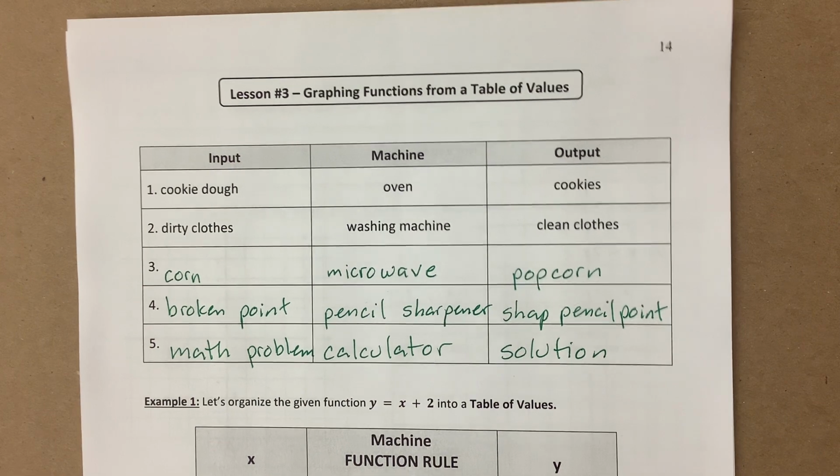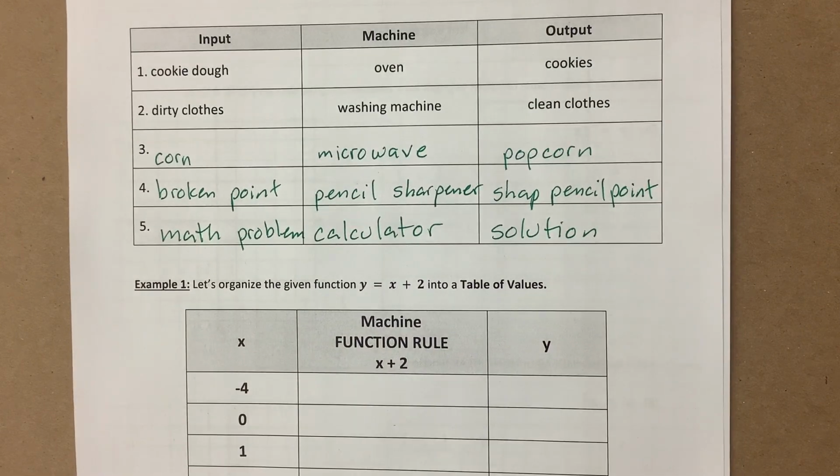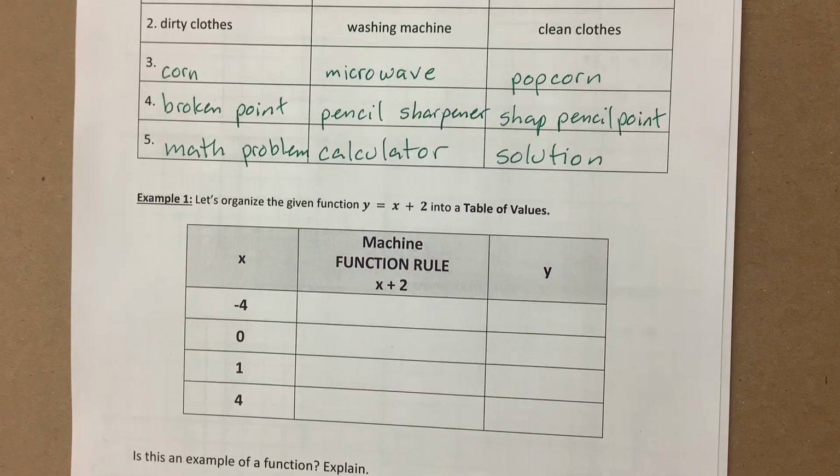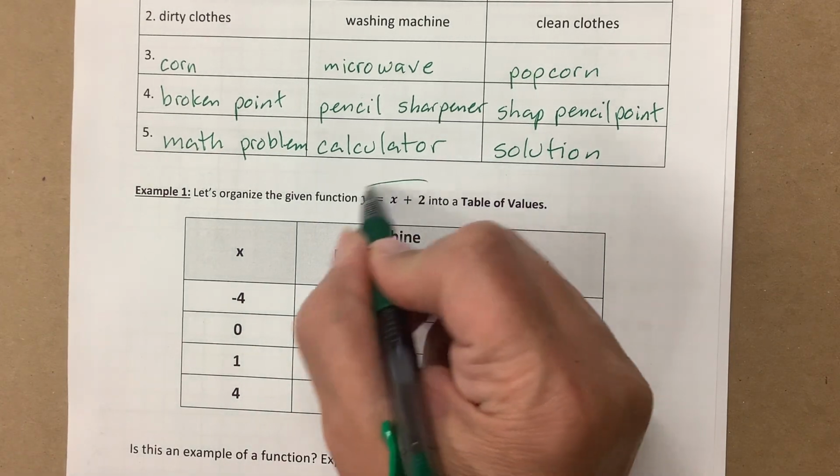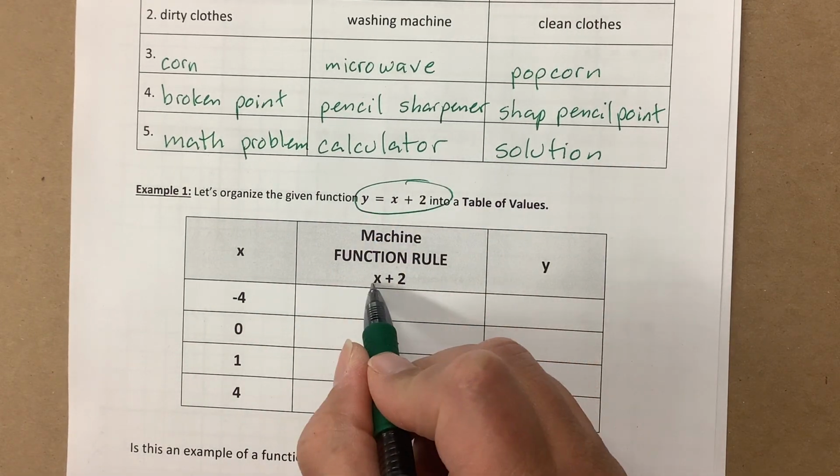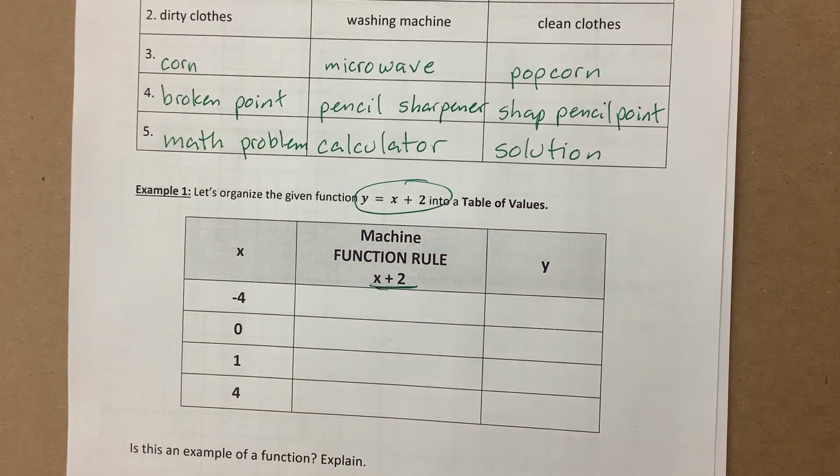So down here, my machine is the function rule. In this case, I have the equation y equals x plus 2. But the rule is just x plus 2.